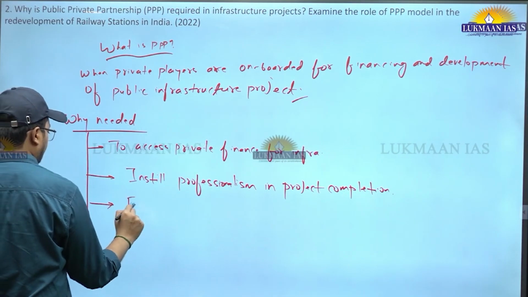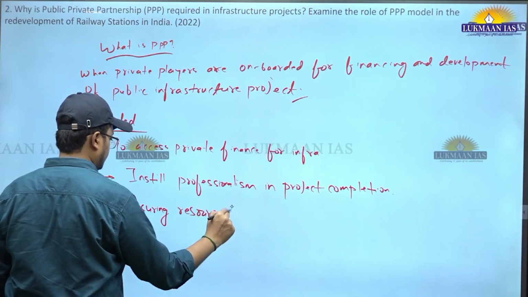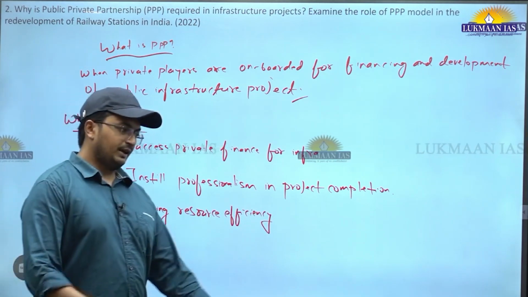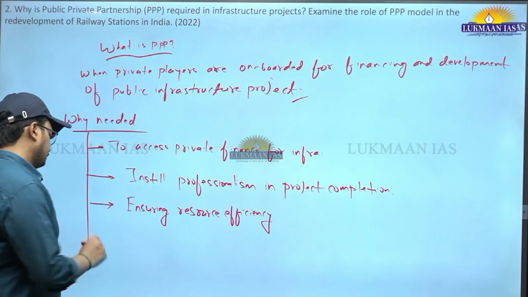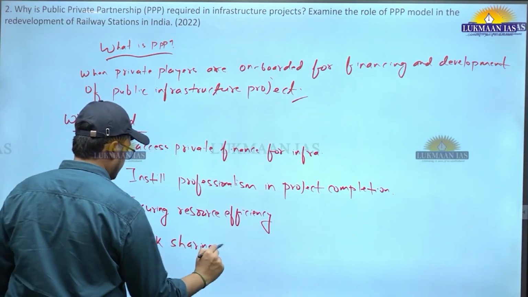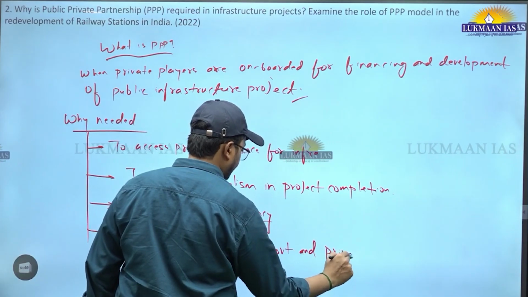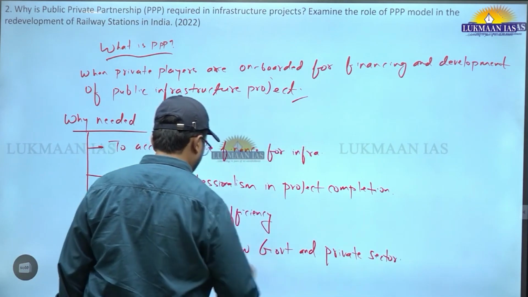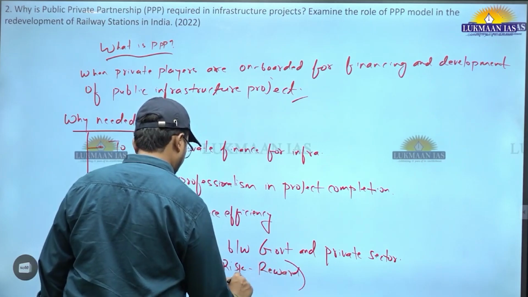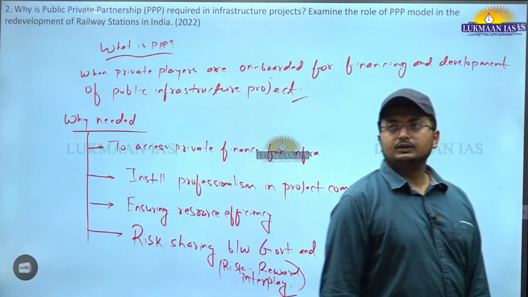Third, ensuring resource efficiency, because they will be working for profits and obviously they will try to minimize their losses and maximize the output. And fourth, risk sharing between government and private sector, basically a risk to reward interplay. Okay. So these are the main reasons.